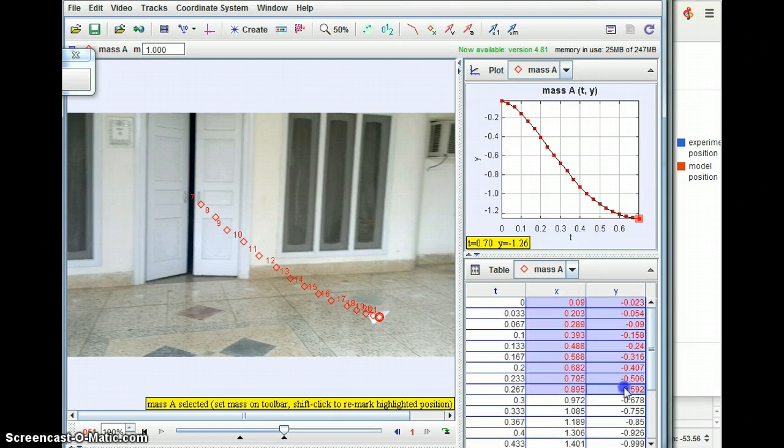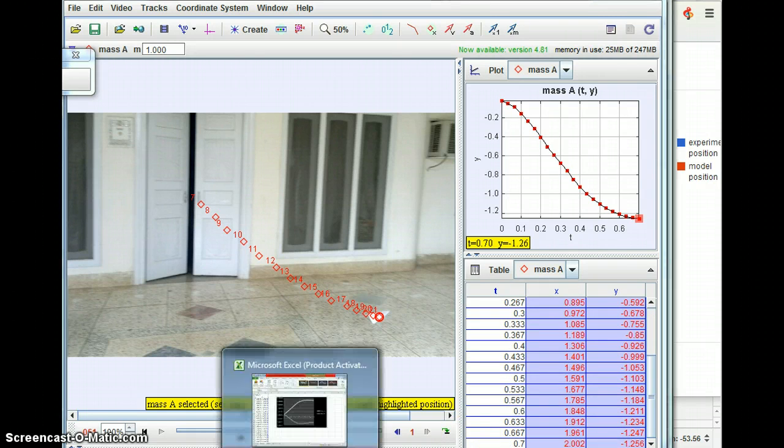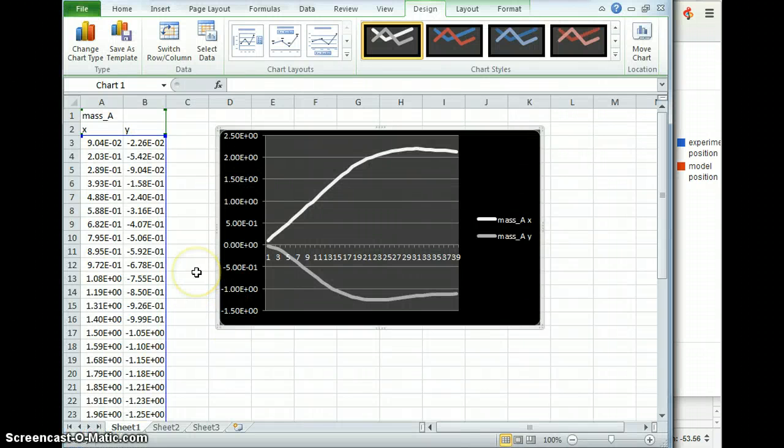I copy all these position data values and paste them in a Google spreadsheet. Here in this graph, the gray line shows the position of the paper plane on the y-axis, and the white line shows the position of the paper plane on the x-axis, which is in the positive direction, and here its value is in the negative direction.